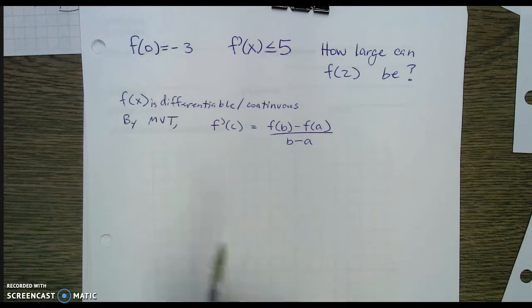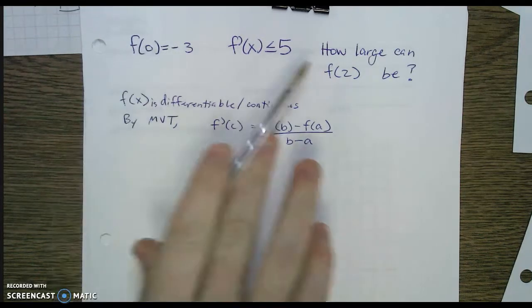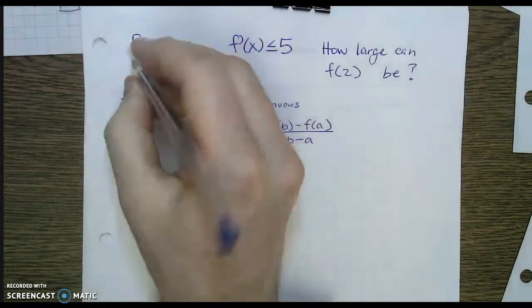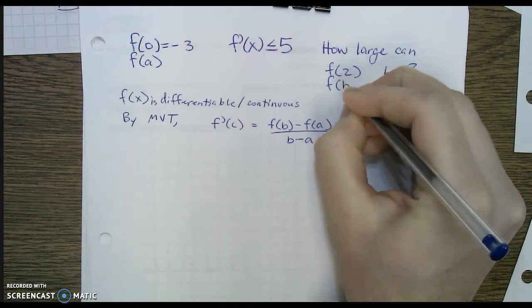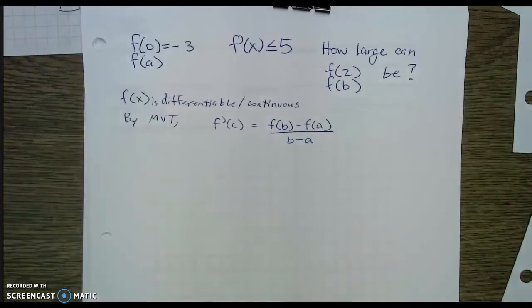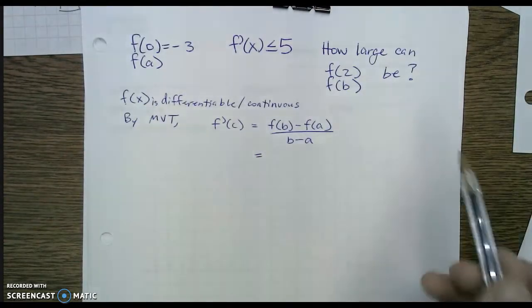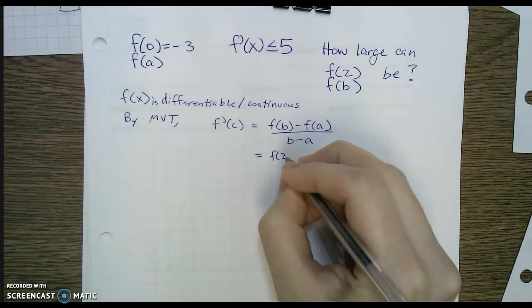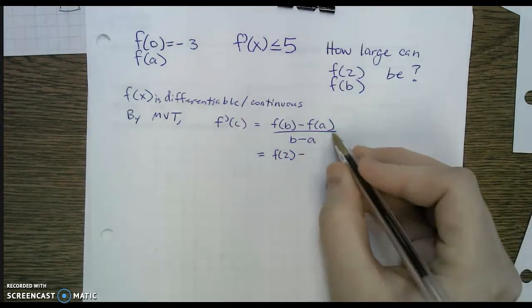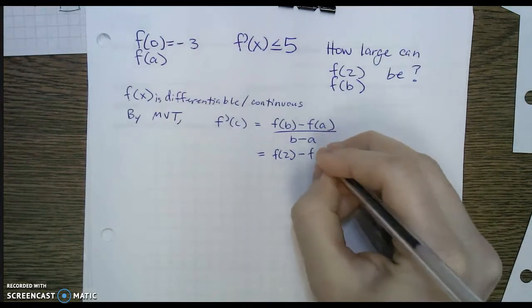So they're giving me 2 points to look at, so we can call this f of a, and we're looking for f of b. So let's plug that information in. That means f of b would be f of 2. F of a is f of 0.